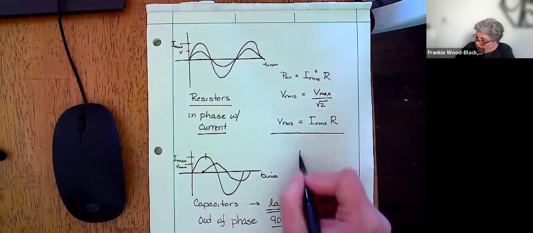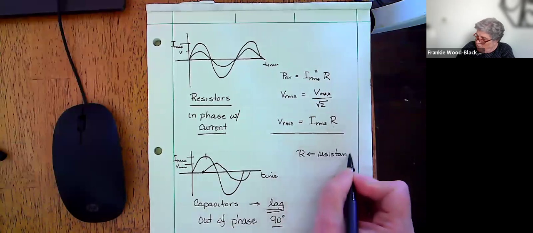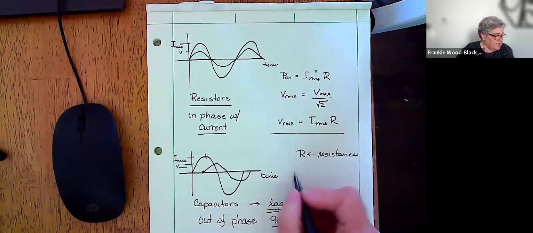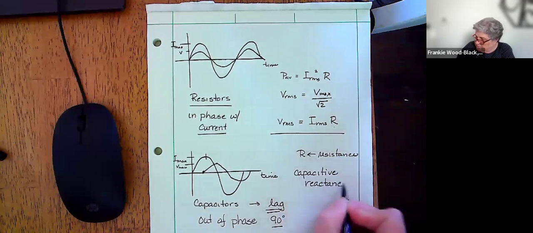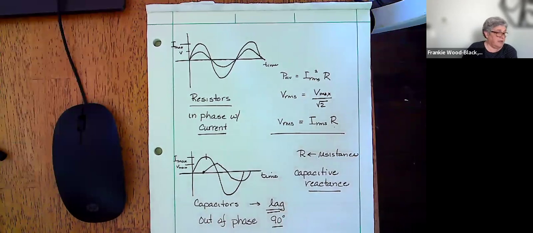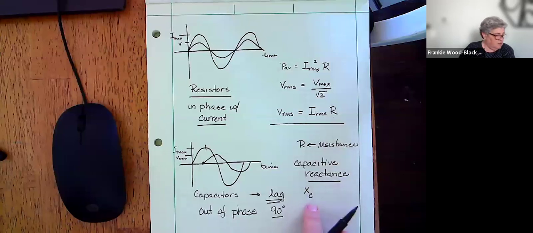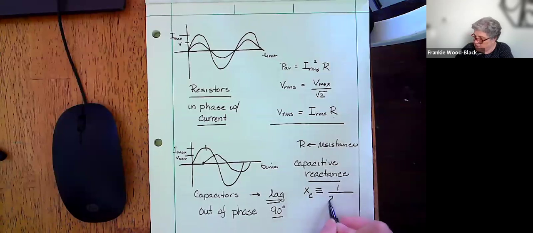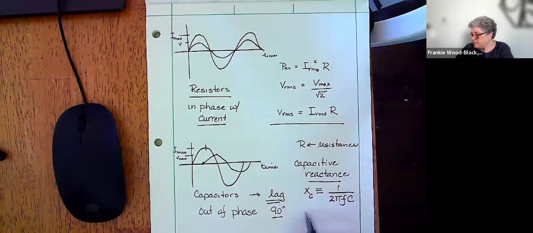So instead of an R, which does our resistance, in order to explain this, we're going to come up with something that we're going to call capacitive reactance. And it's going to work like a resistor. And our capacitive reactance is going to be defined as 1 over 2 pi times my frequency times my capacitance.